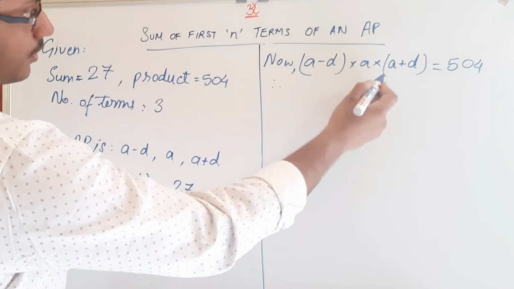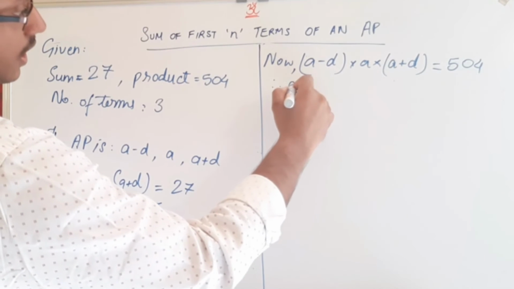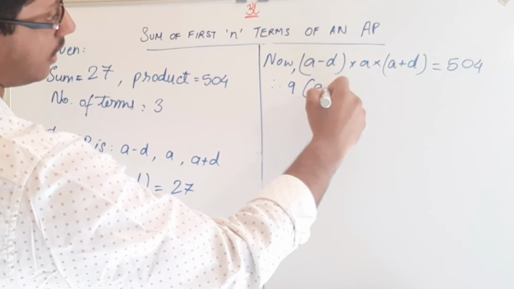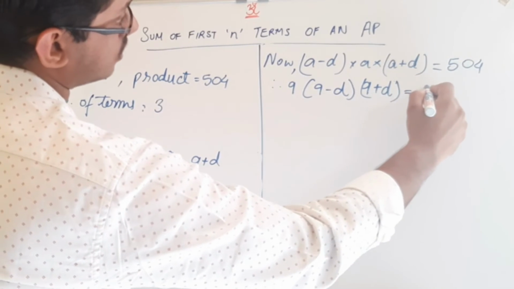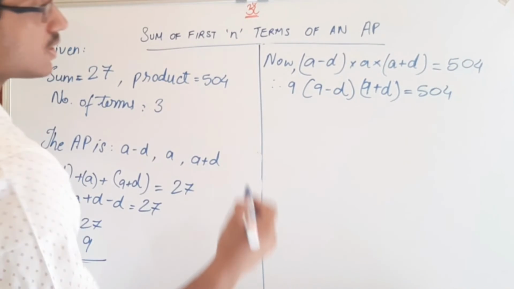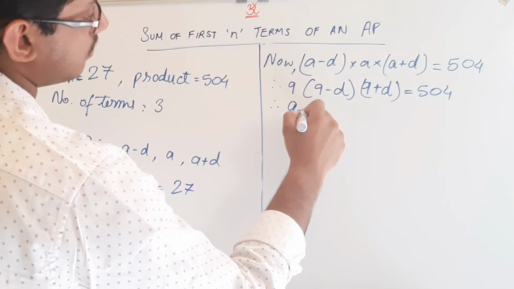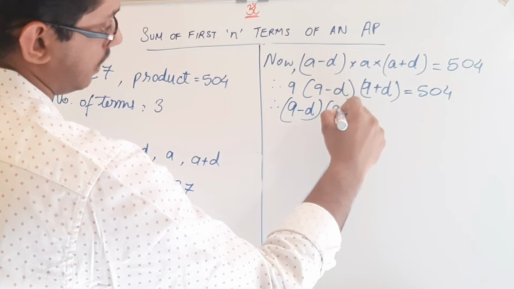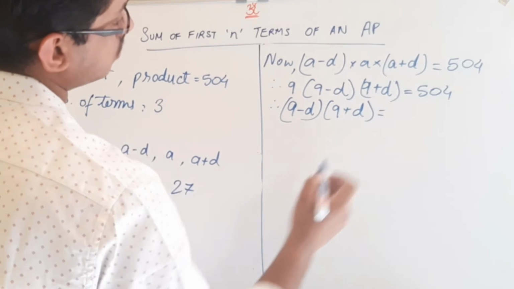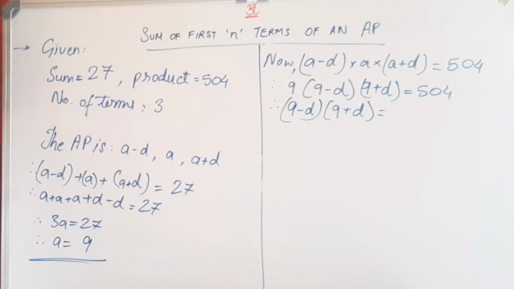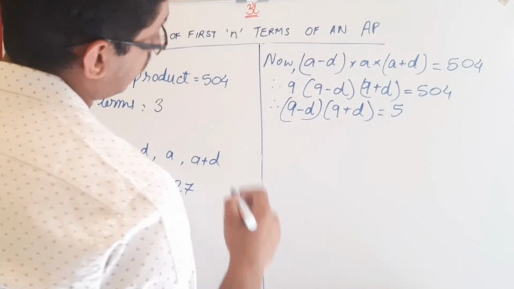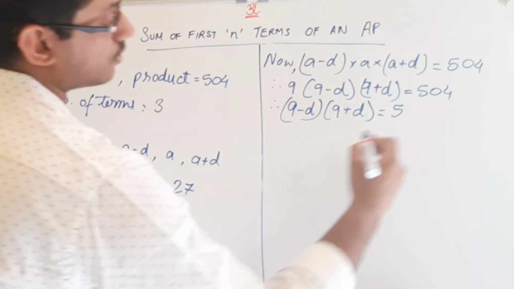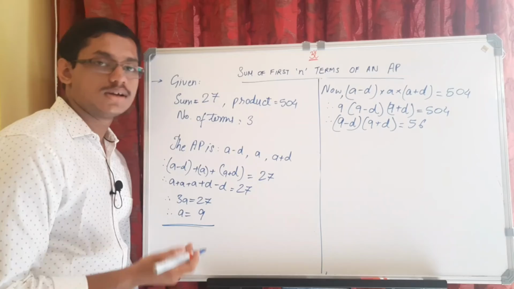Therefore I am writing the a first: 9 multiplied by 9 minus d multiplied by 9 plus d is equal to 504. Therefore 9 minus d times 9 plus d is equal to 504 divided by 9. 504 divided by 9 is 56, since 9 5s are 45 and 9 6s are 54. Okay, understood?